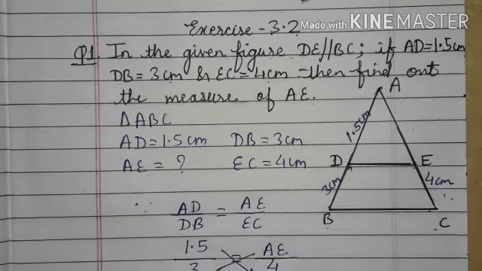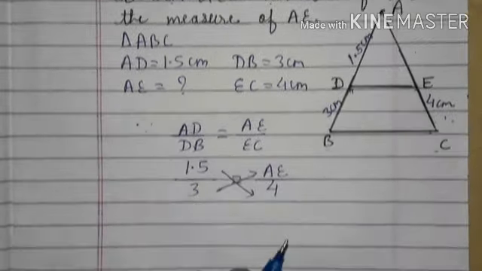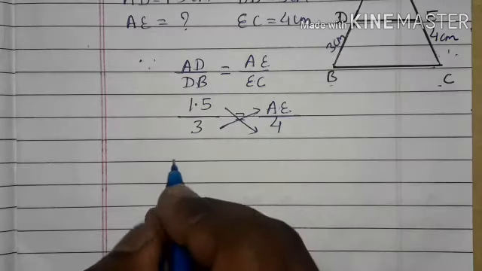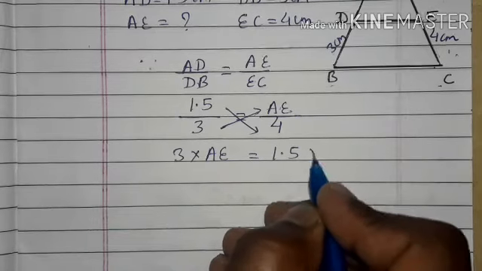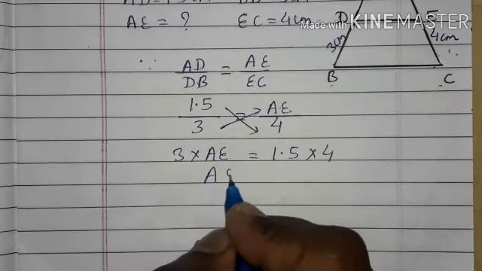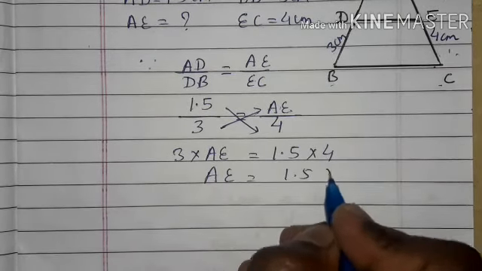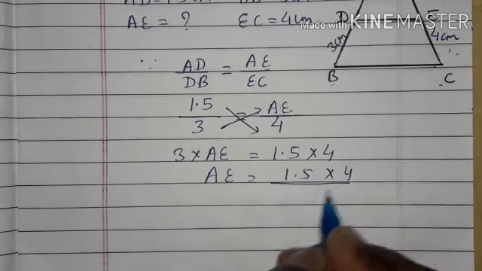Now cross multiply. 3 multiplied by AE is equal to 1.5 multiplied by 4. AE is equal to 1.5 multiplied by 4 upon 3.